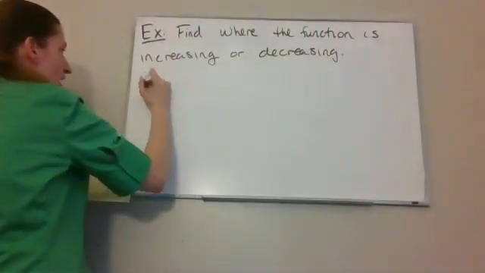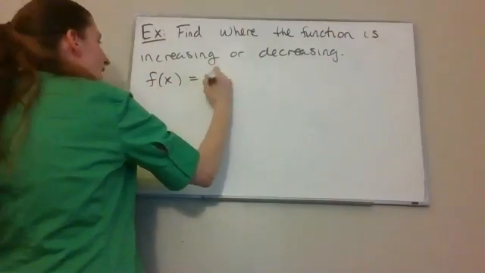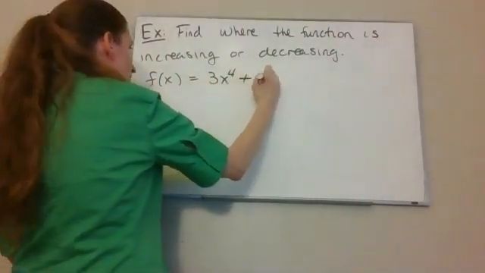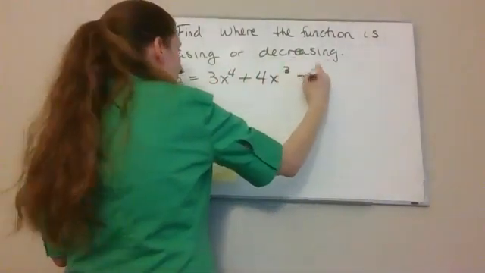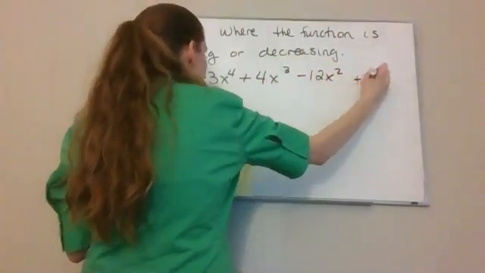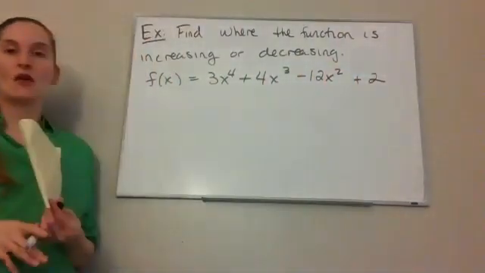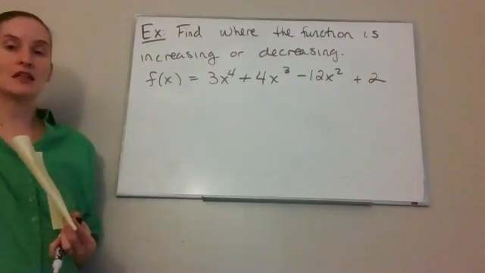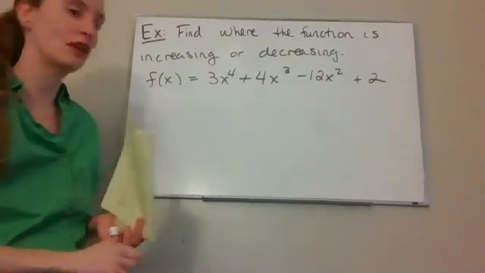And our function is 3x to the 4th plus 4x to the 3rd minus 12x squared plus 2. So if we're going to find where this is increasing or decreasing, we need to find the derivative first.